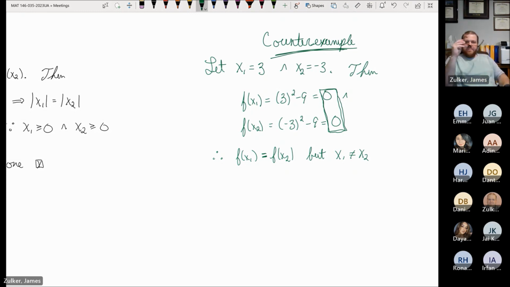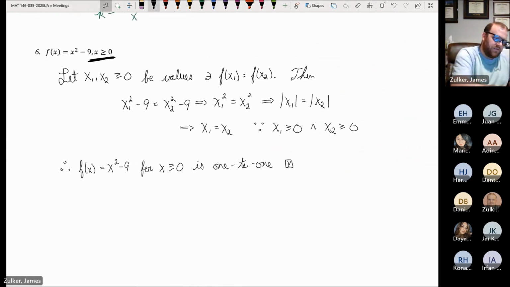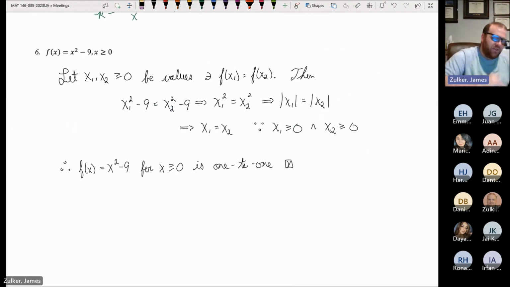Right? Does that make sense? Right. So as I just said, if that condition wasn't there, I have a counterexample to show it's not one-to-one. So that condition, x being greater than or equal to 0, is very important.